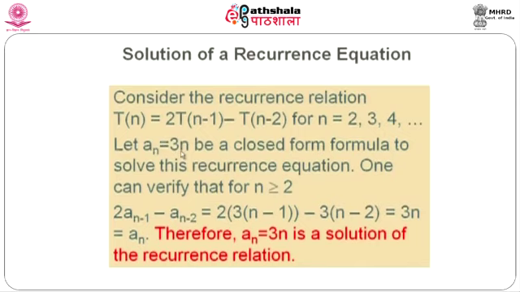We can check it by substituting this back into the equation. For n greater than or equal to 2, if I substitute, it becomes 2 into 3^(n-1) minus 3^(n-2). If I simplify that, you can see it comes to 3^n, which is nothing but a_n itself. Therefore, a_n equal to 3^n is a solution of this recurrence equation.